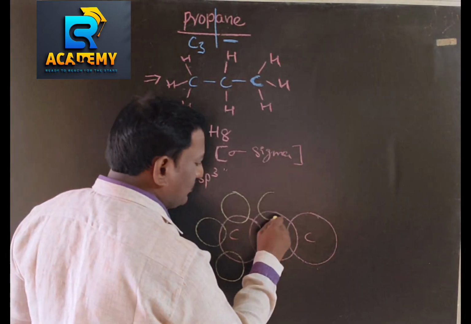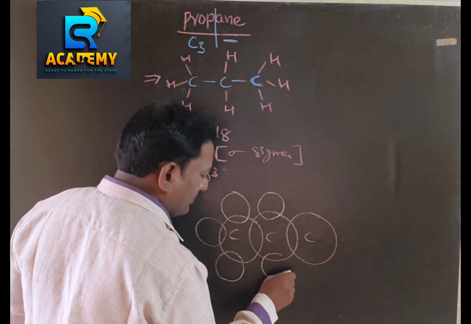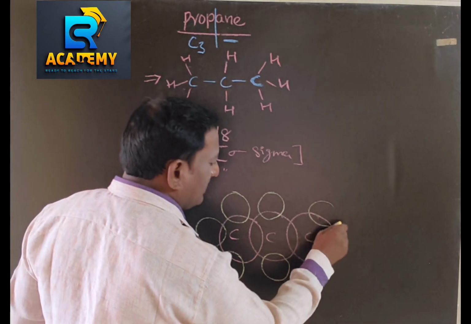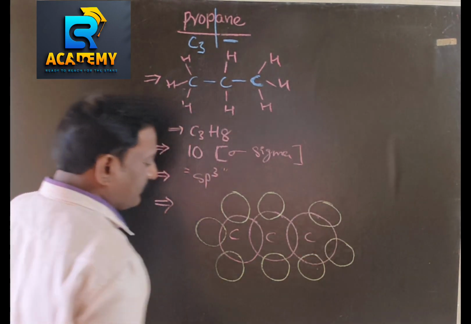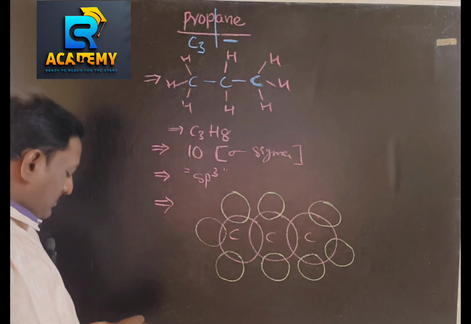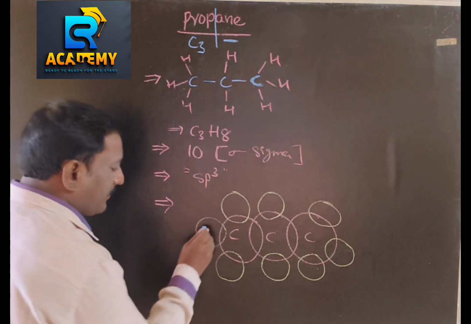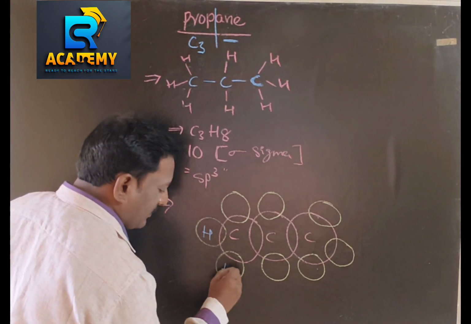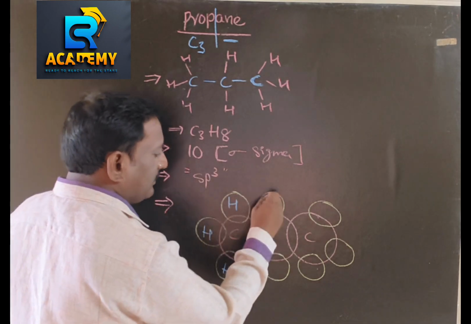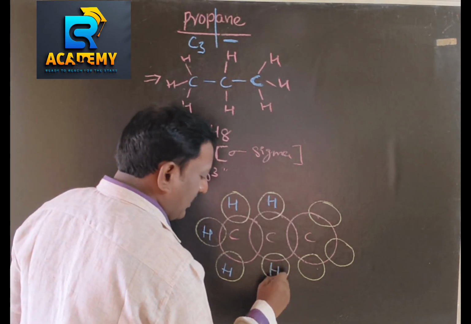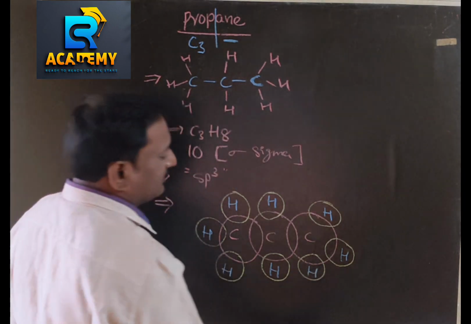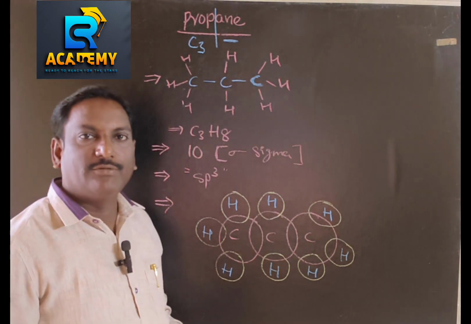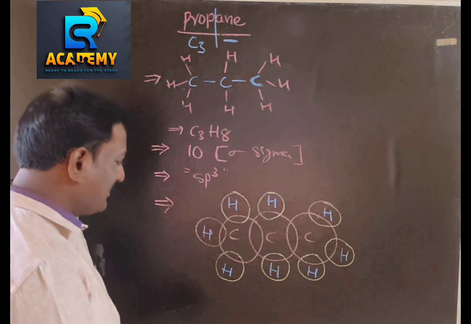This one is 1, 2, and this one is 1, 2, 3. Hydrogen, hydrogen, hydrogen, hydrogen, hydrogen, hydrogen, hydrogen, hydrogen. Is it clear to you? Right?